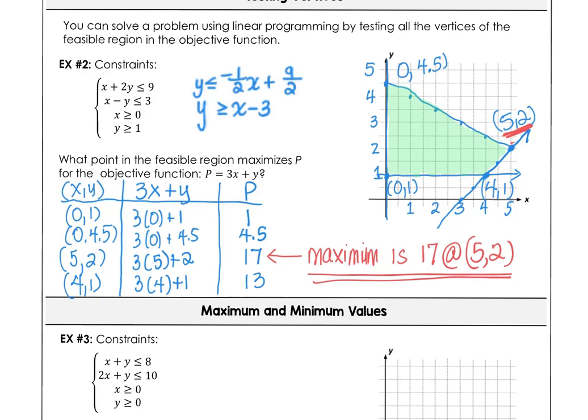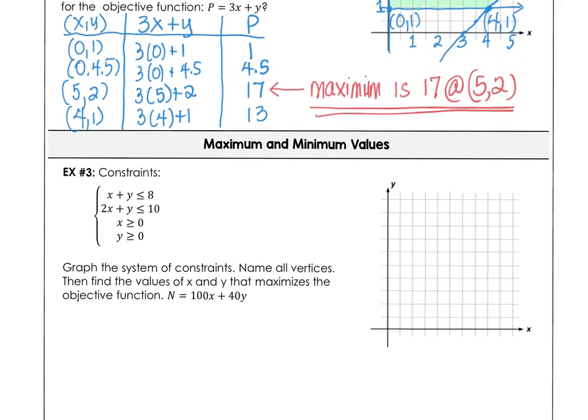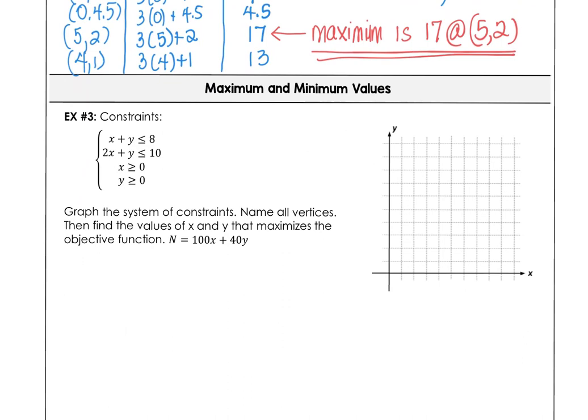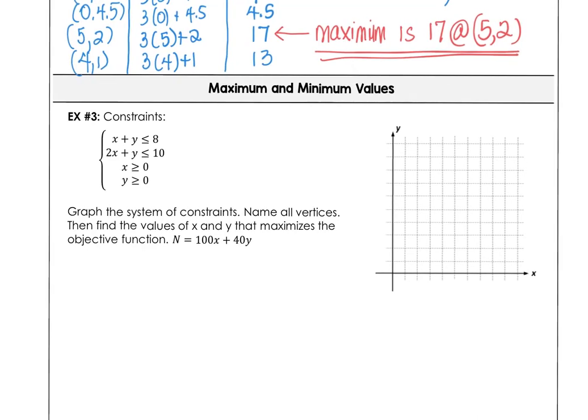Now, if you think you have a good handle on this, I would suggest you turn the video off and try example 3 on your own. They've given us a set of inequalities, and we also have the objective function here.